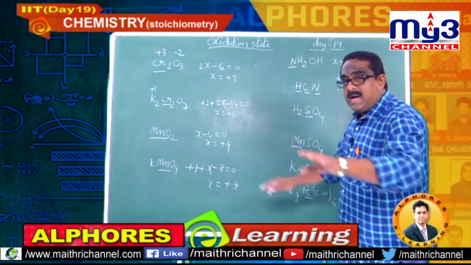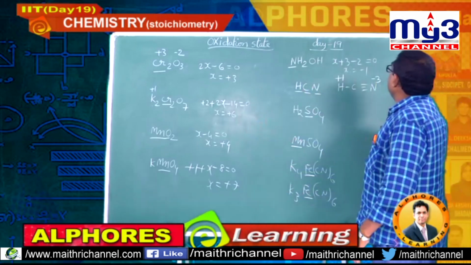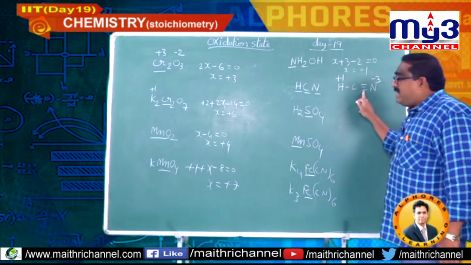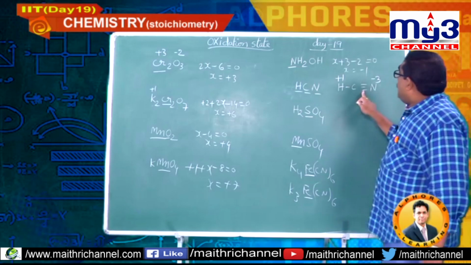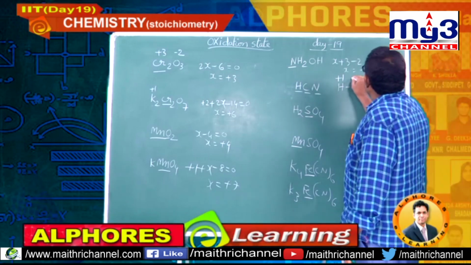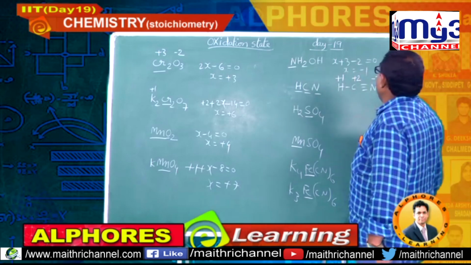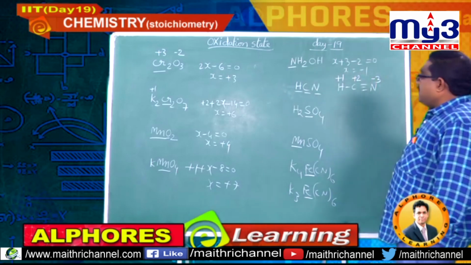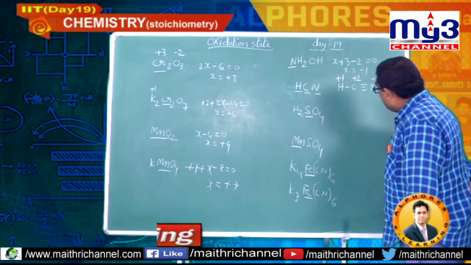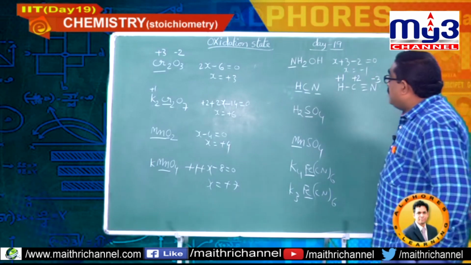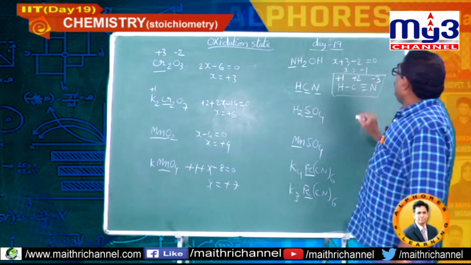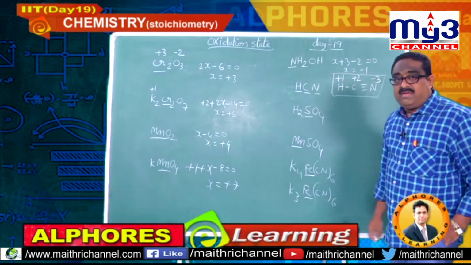So it is not a metal hydride, so you should assign plus 1. Then carbon is forming 4 bonds here. So you have to balance this with plus 2. So carbon plus 2, hydrogen plus 1, and nitrogen minus 3. These are the individual oxidation states, which you can fix based on the bonding.